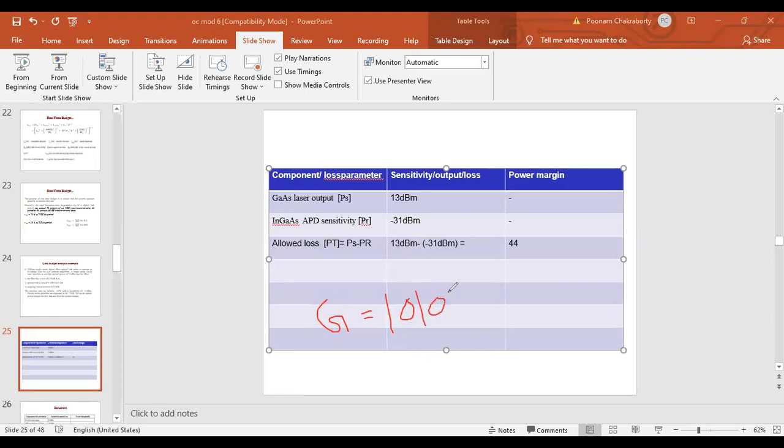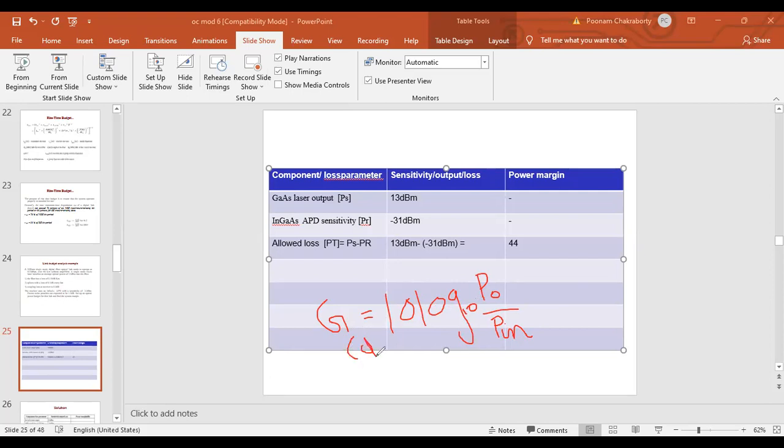I have the output power in milliwatts or microwatts or whatever in watts, and then I have P in also in watts. And when I find gain in dB, I do 10 log 10. That is how we convert it into decibel, and then I find the answer in dB.